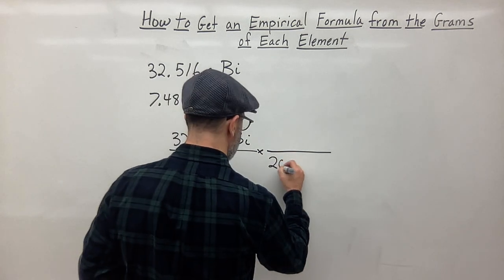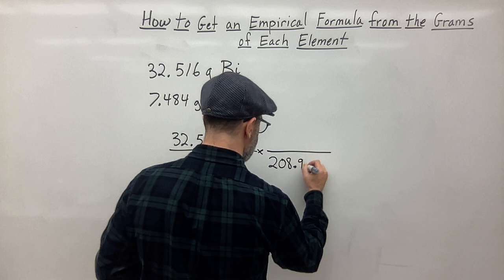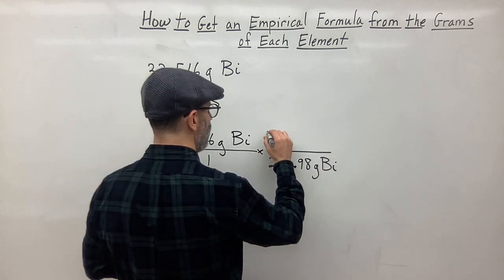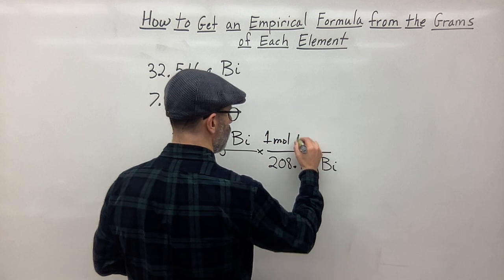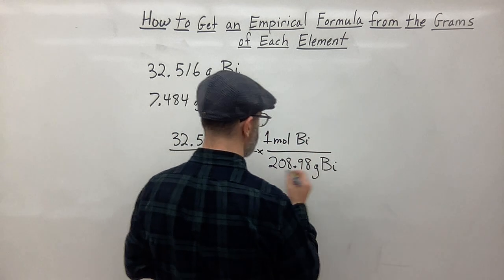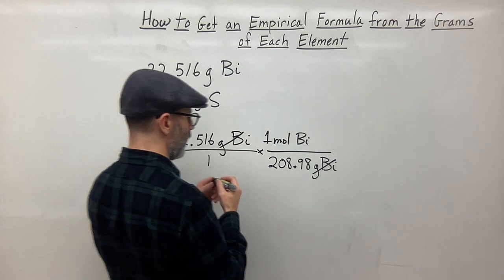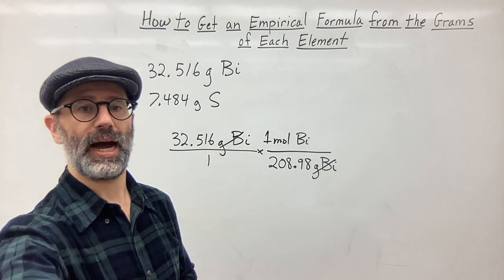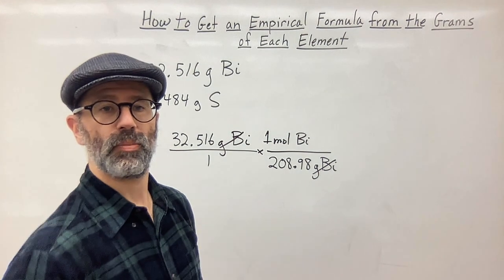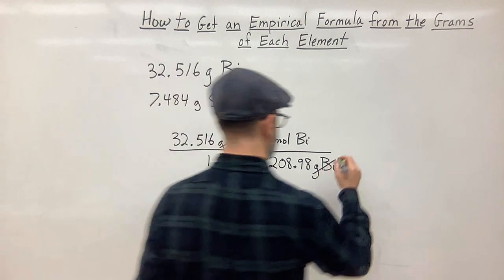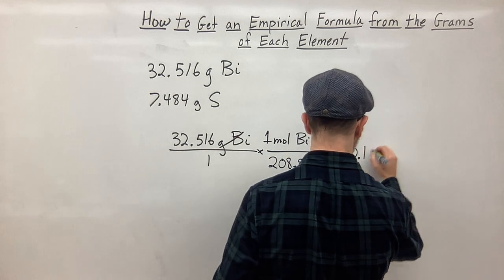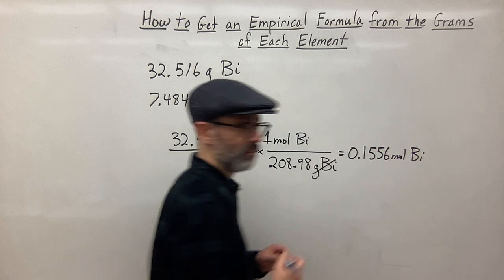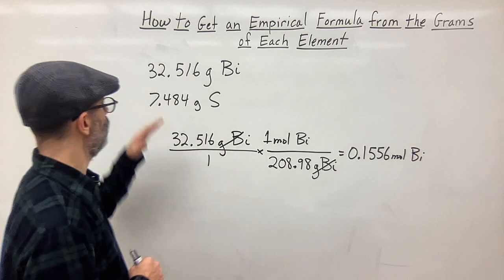So 208.98 grams of bismuth goes on the bottom, and 1 mole of bismuth goes on top. The grams of bismuth cancel out. Now I have moles, so I can calculate the moles of bismuth, and when I do that, I get 0.1556 moles of bismuth.